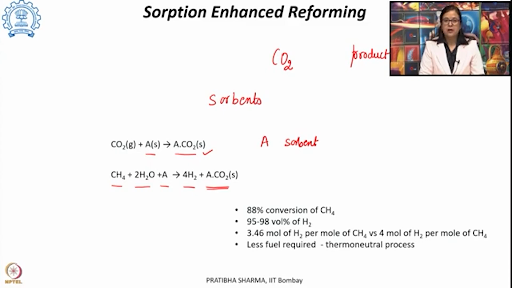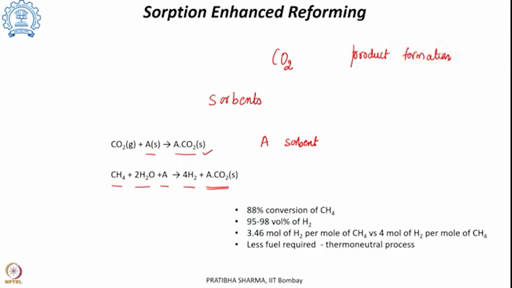Some of the processes are endothermic and some are exothermic. So, the required heat of reaction for the endothermic process is supplied by the exothermic reactions. So, either the heat required is very little or it is a thermoneutral process. So, the fuel consumption is also lower, that is the advantage of the sorption enhanced reforming process.